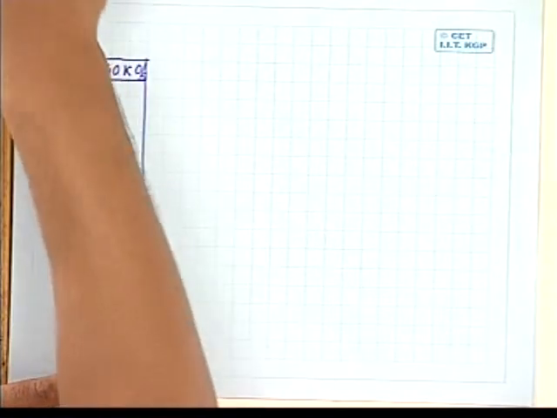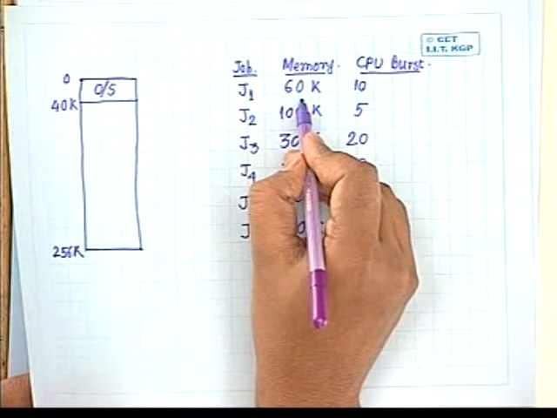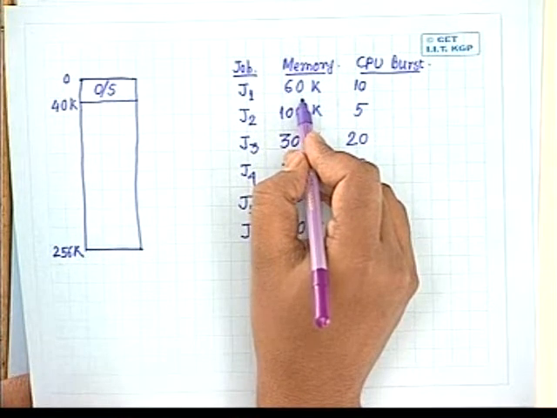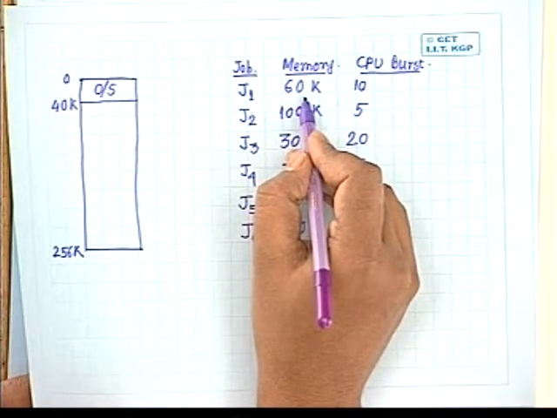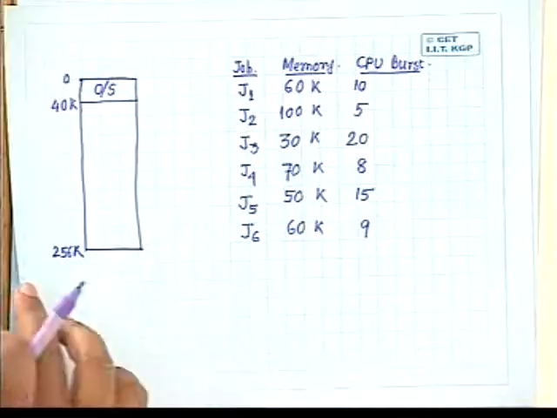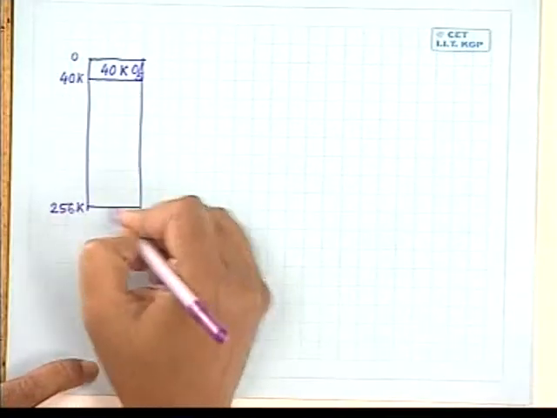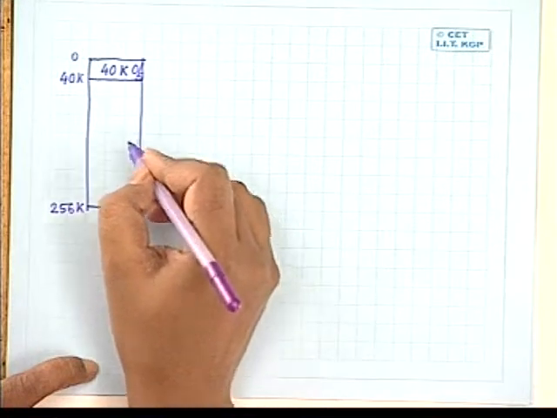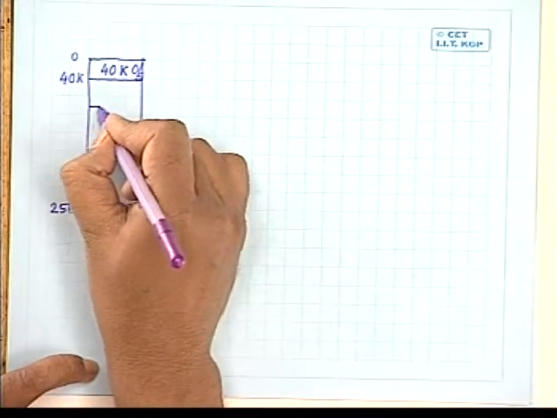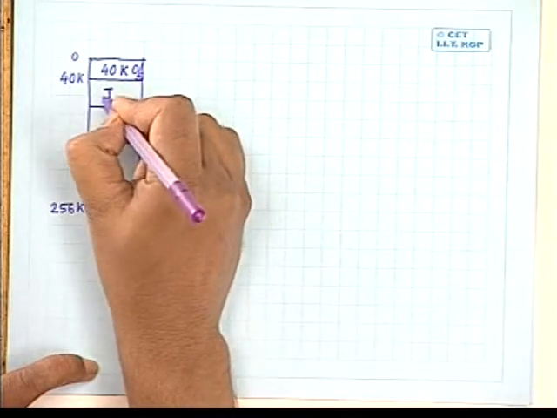First I have in the job queue job J1, whose size requirement is 60K, and I am assuming I go for first come first serve scheduling. So job J1 has to be put into the main memory first. Of this 216K, I make one partition of size 60K and put job J1 in this partition.